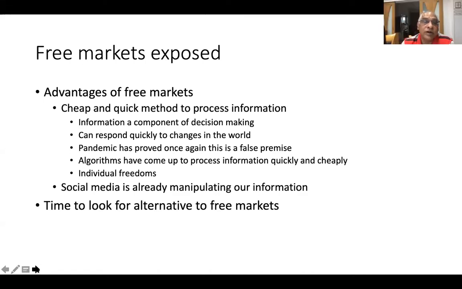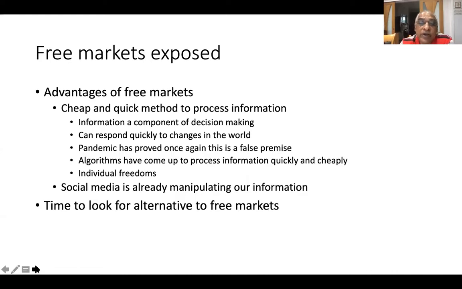Overall, now we are coming to the concluding part of this. Free markets have been exposed. The main argument for the free market is that it is a cheap and quick method to process information, an important component of decision making.